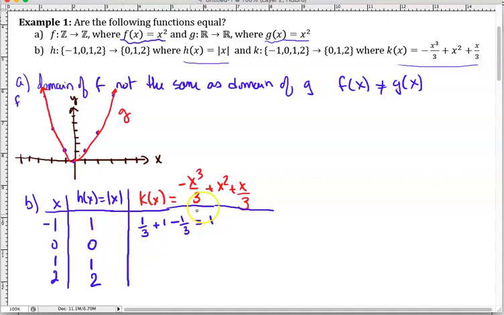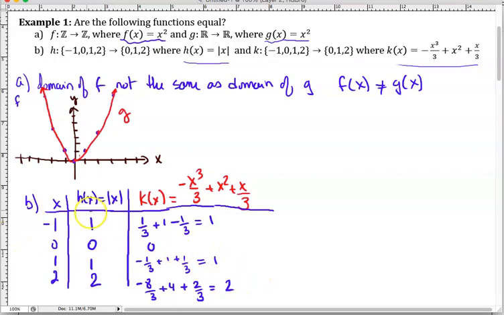If I plug in 0, I get 0. If I plug in 1, I get -1/3 plus 1 plus 1/3, which is also 1. If I plug in 2, I'm going to get -8/3 plus 4 plus 2/3. So 14 minus 8 is going to be 6 over 3, which is 2.